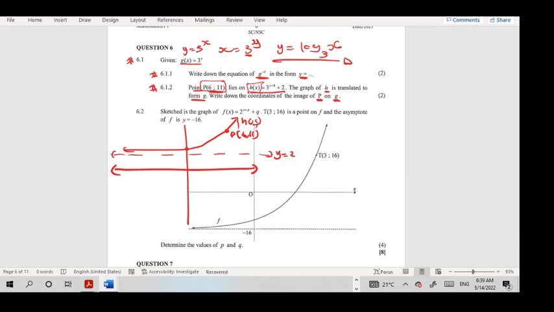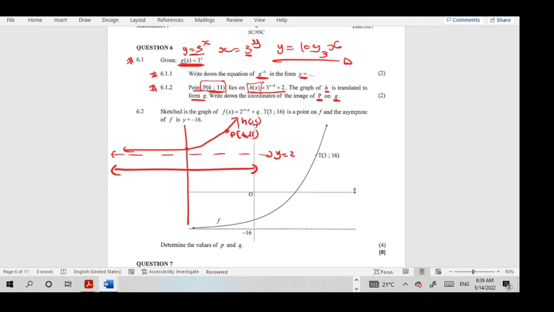Then now we have the graph of G, which is the initial one, y equals 3 to the power of x, right? So this one has a horizontal asymptote of 0. So basically it's going to pass at a point.